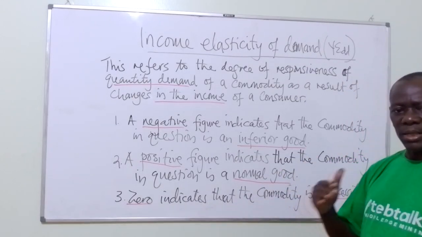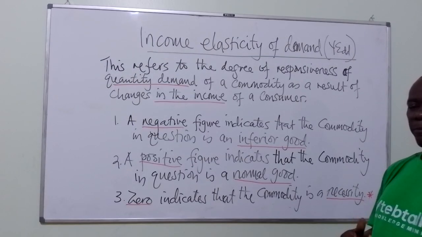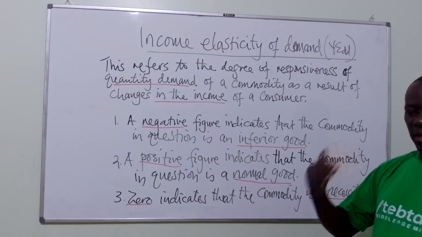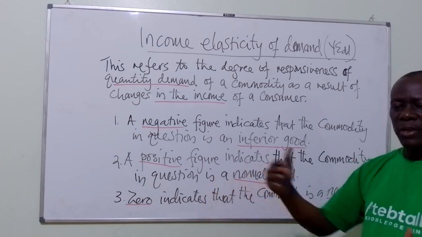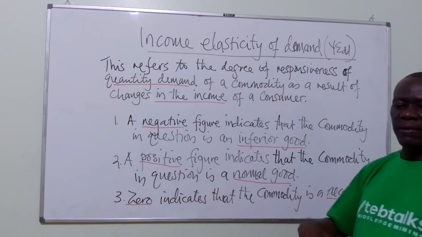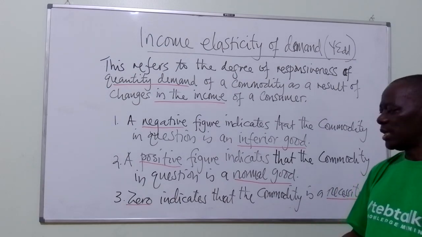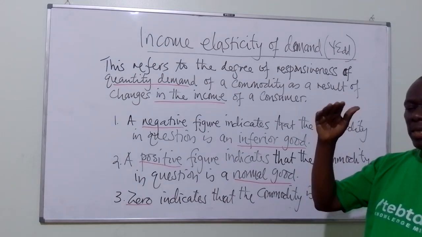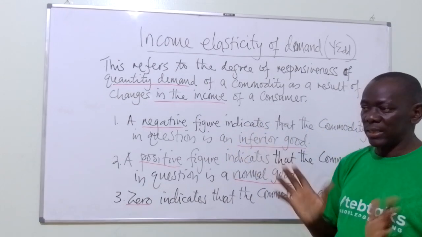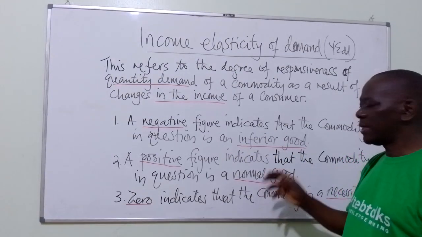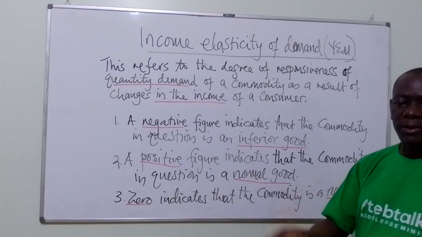So you have to analyze the policy that you are taking. You want to increase the incomes of this group. What is their normal good? What is their inferior good? If you know that these goods are inferior goods, it means the moment you increase the incomes of those people in that category, in that area, then the goods are going to be abandoned.